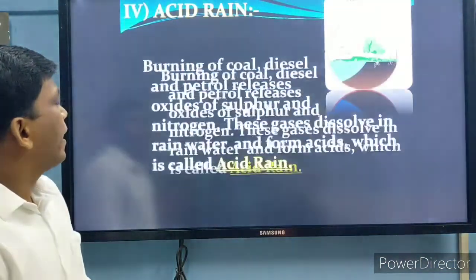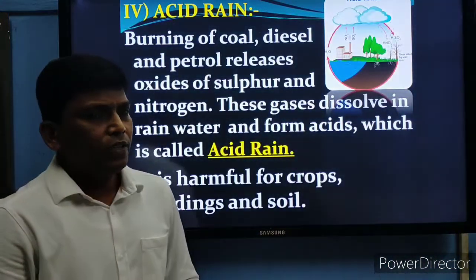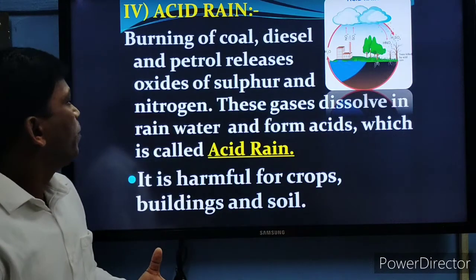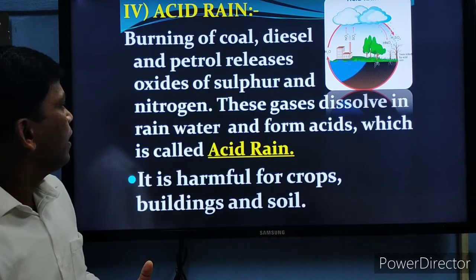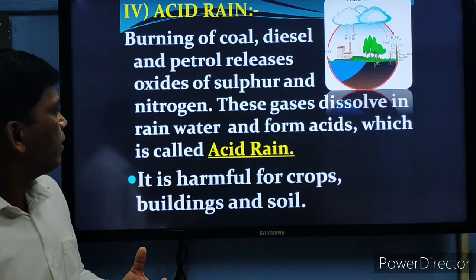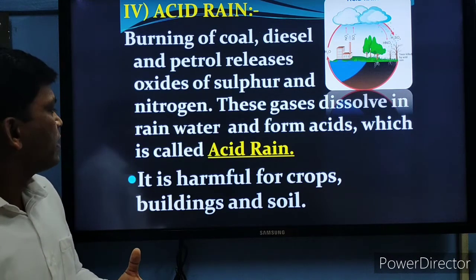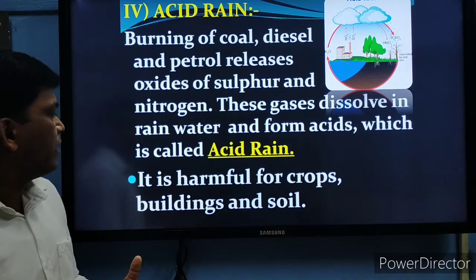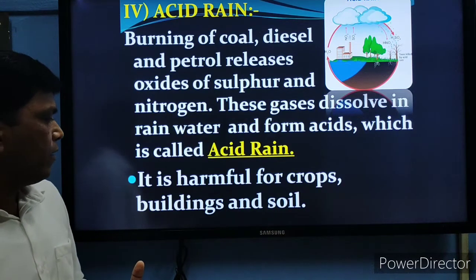Next and last point is acid rain. What is acid rain? Burning of coal, diesel and petrol releases oxides of sulfur and nitrogen. These gases dissolve in rainwater and form acid, which is called acid rain.